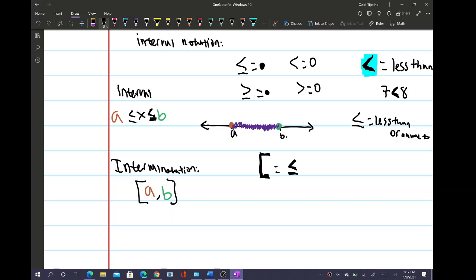Even if it's greater than or equal to. This is going to be a bracket like this.